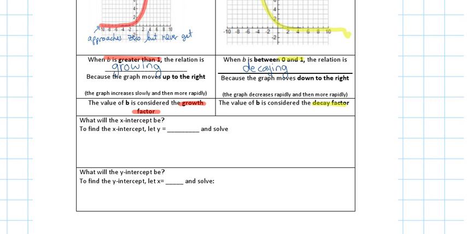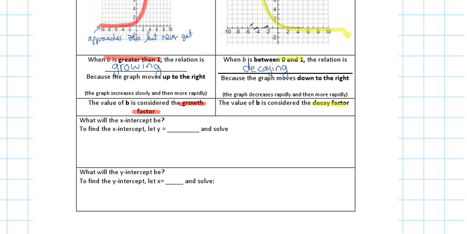The next question is asking you, what will the x-intercept be? To find the x-intercept, I need to let y equal 0. If I'm looking at an x-intercept, what would the y value be? 0, right?